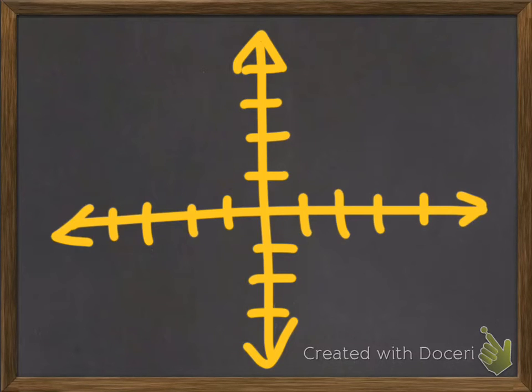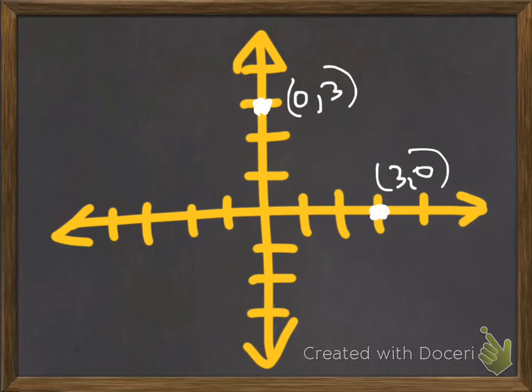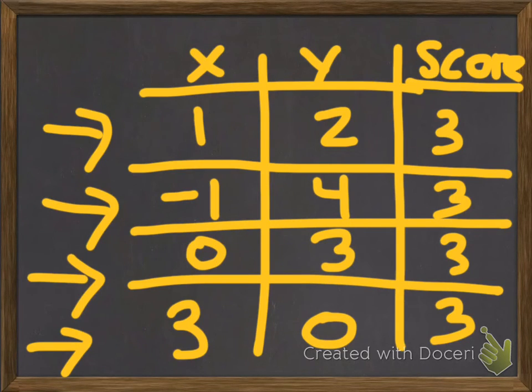So (3, 0) would have to be here. (0, 3) would be on the other axis. Then you have (1, 2) right here, and (-1, 4).